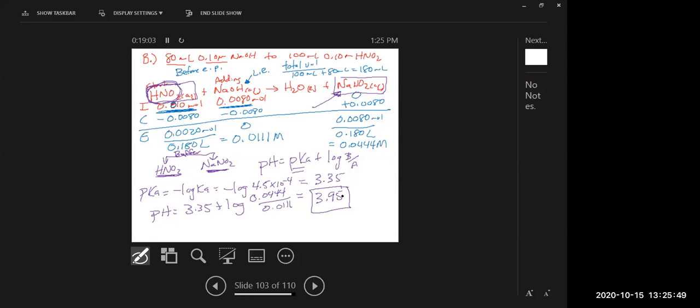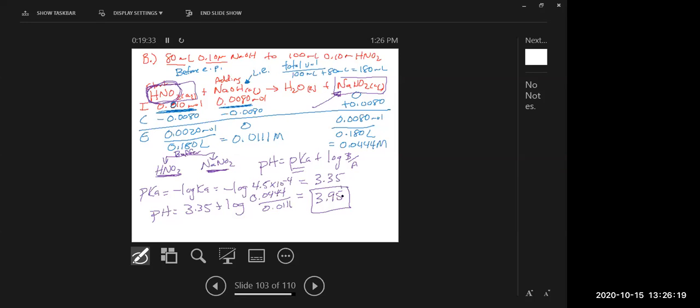It didn't rise giantly, but we're in that buffer area where we have enough acid in there to use up the base. We did see a rise in the pH, which matches what we would expect, and it's going in the right direction. Again, if you did a calculation and ended up with a pH less than 2.19, you're definitely going in the wrong direction. So this shouldn't have happened.